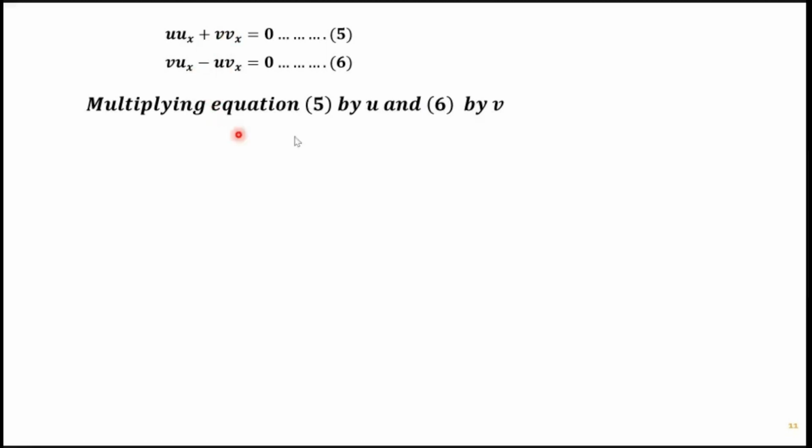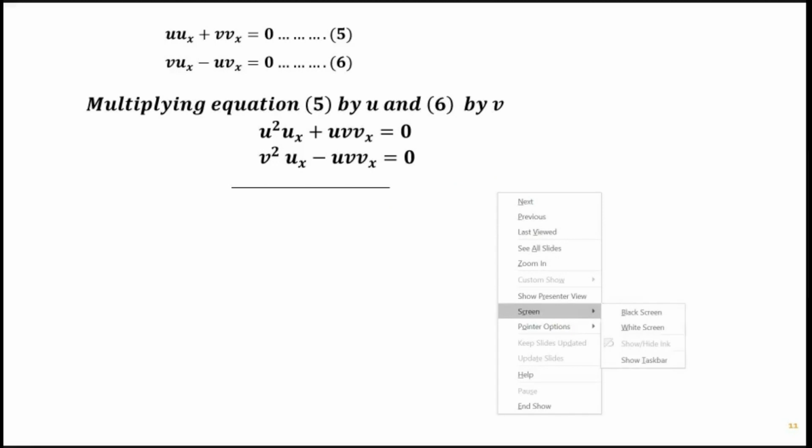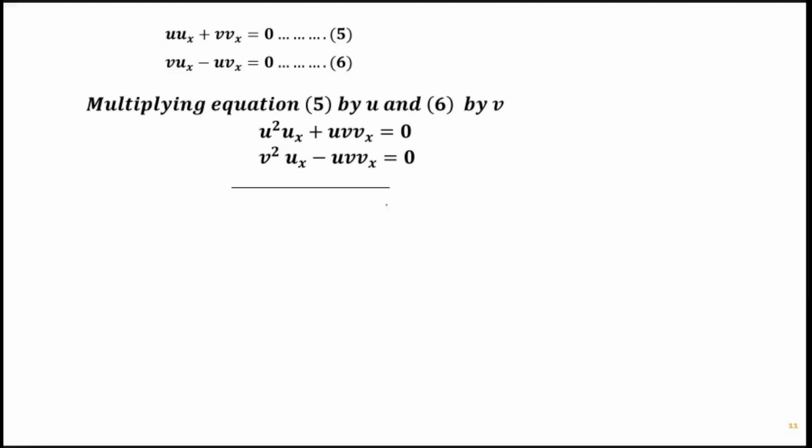तो ये क्या हो जाएगा, I will get u square ux plus uv vx equal to 0. इसको अगर v से मल्टीप्लाई किया तो v square ux minus uv vx equal to 0. ठीक है, now we have to solve these two equations. तो क्या होगा, second term will get cancelled. These two terms I can cancel here.